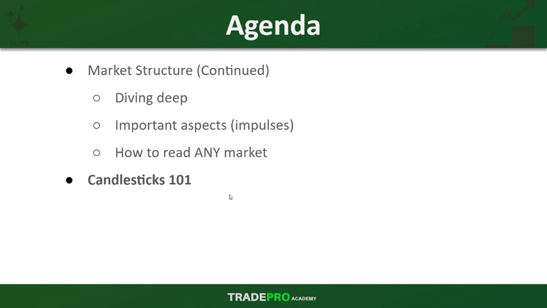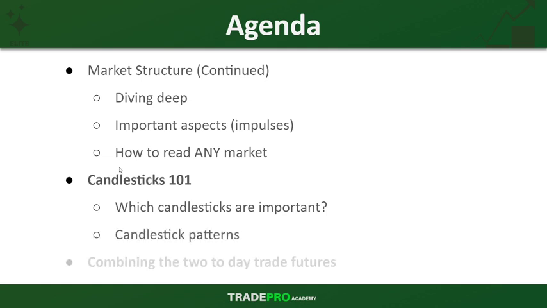If you're looking at stocks or even swing trading, investing, whatever it is, all aspects of technical analysis can be seen. Now, we're going to talk about which ones are important, some candlestick patterns, and then combining the two to actually day trade futures. So all you need in this lesson we're going to show you is just market structure to actually start day trading futures without all the other fancy stuff.